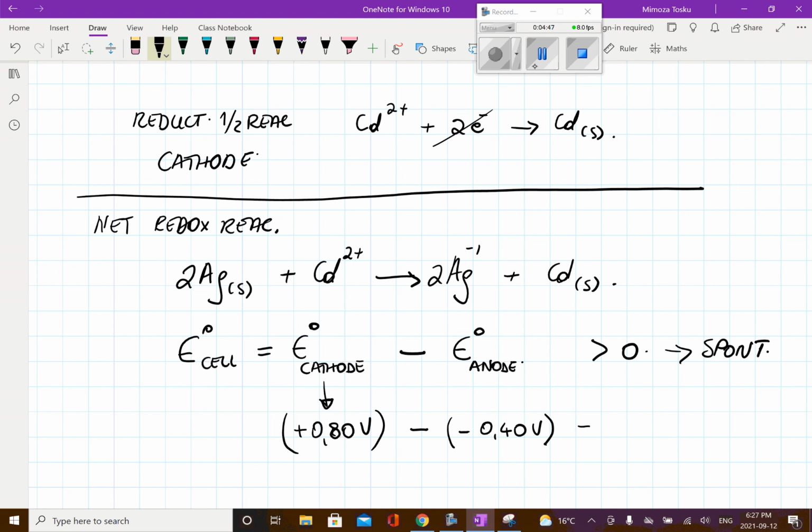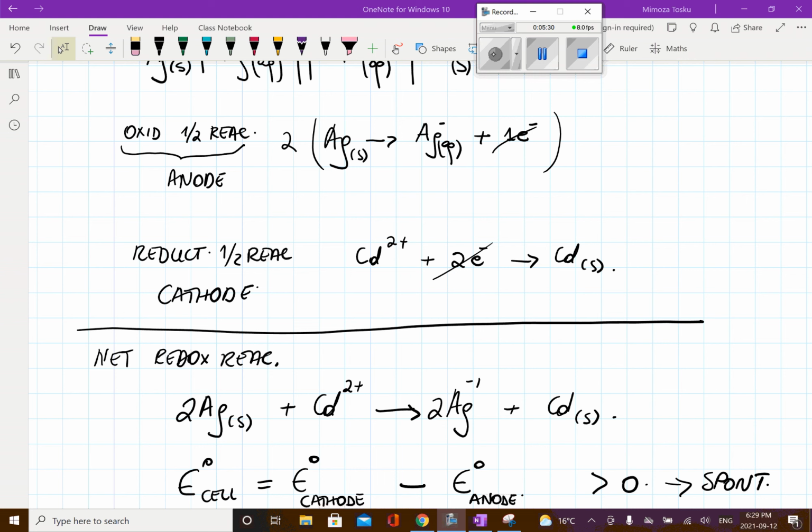Also, keep in mind that cations are moving on the salt bridge from the anode to the cathode, and anions are moving on the salt bridge from the cathode to the anode. So it's pretty much that the motion of cations is the same as the motion of the electrons, and anions is the opposite.